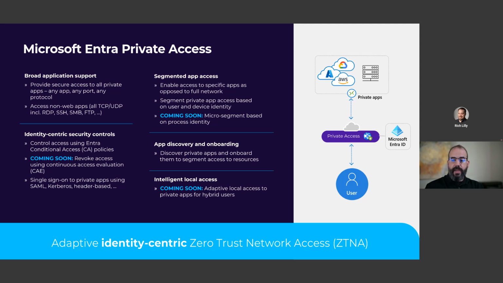So intelligent local access capability allows us to use zero trust network access for users anywhere and keep the conditions and security policies the same. So when they're connecting remotely anywhere beyond our corporate network boundaries, we can put these controls in, have consistent access, and know that our security controls are enforced regardless of the location.